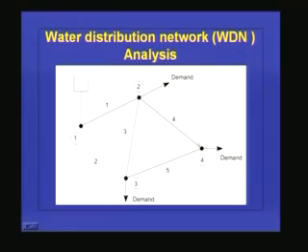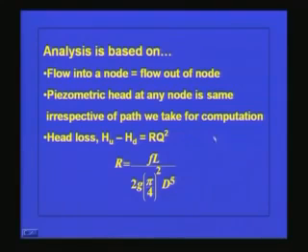Similarly, the piezometric head at 4 can also be determined through the other route, that is piezometric head at 1 minus loss in pipe 1 minus loss in pipe 4 is equal to the piezometric head at 4. So irrespective of which path I take, this path or that path, the piezometric head at 4 should be the same. That is the second principle.